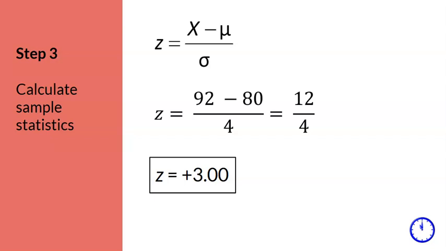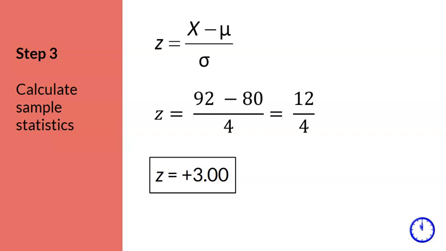Now, I want you to start thinking like a researcher. Anyone can just plug in numbers into a formula and give me a final answer. What I want you to learn is how to read and interpret research. So, what does this z equals plus 3 really mean? Well, the plus sign indicates that it is above the mean, or that there's an increase.